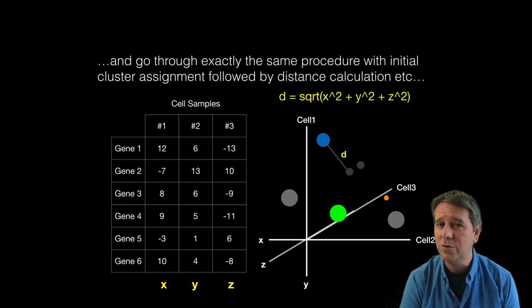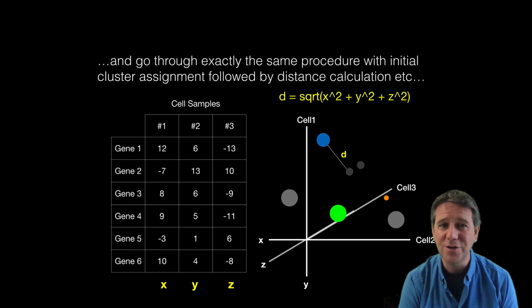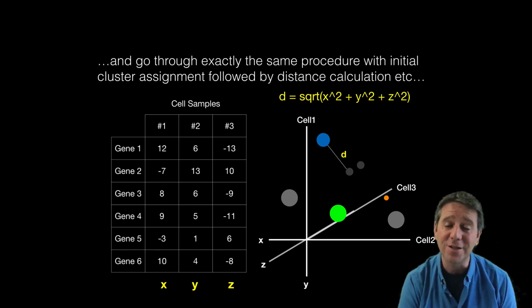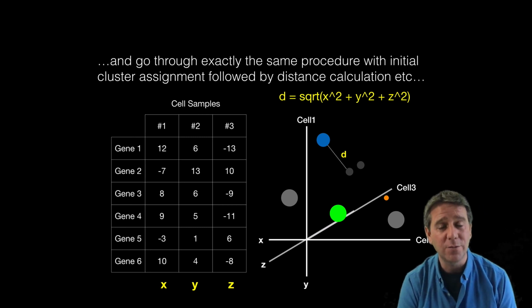And then we'd go through exactly the same procedure with initial cluster assignment at random, followed by distance calculations, updating the cluster representative, and continuing iterating. And we're going to use the same kind of distance, the same Euclidean distance, but in this case in 3 dimensions, where we have that Z as well as the X and Y squared to sum up.